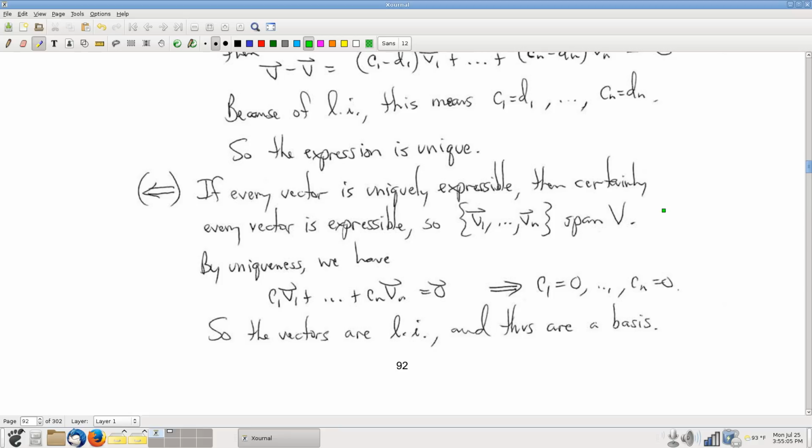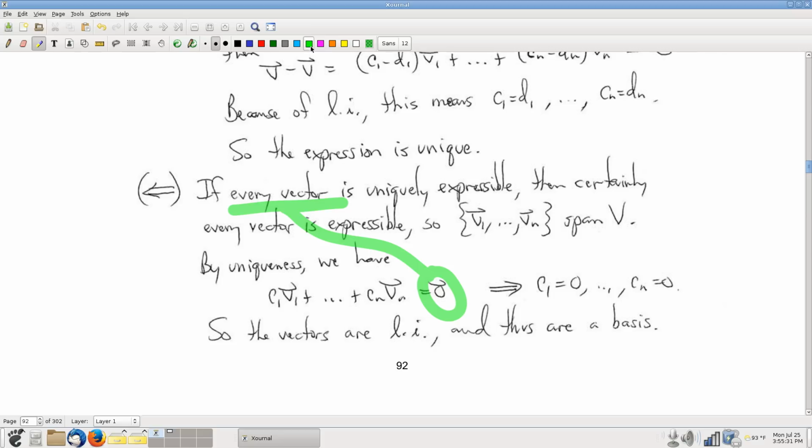Now, how do I know that this list of vectors is necessarily independent? Well, this comes from the uniquely part of the unique expressibility. In particular, if every vector is uniquely expressible, so is the 0 vector.